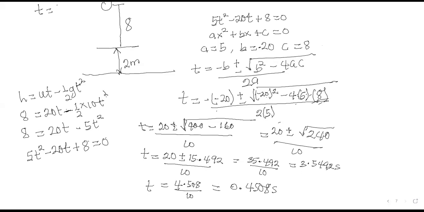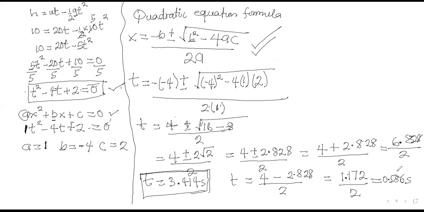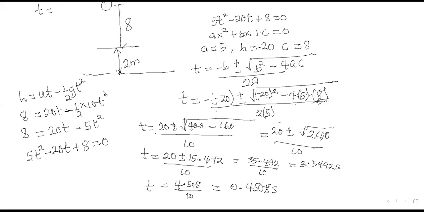Let's compare. This is 3.549, then the other one gave us 3.414. Certainly, this one is shorter compared to the other. So in the first one, it is covering more distance. This is covering less distance. So that is it.